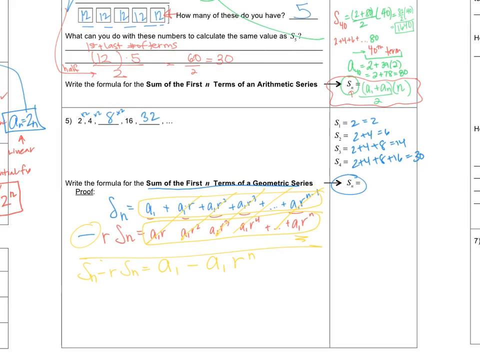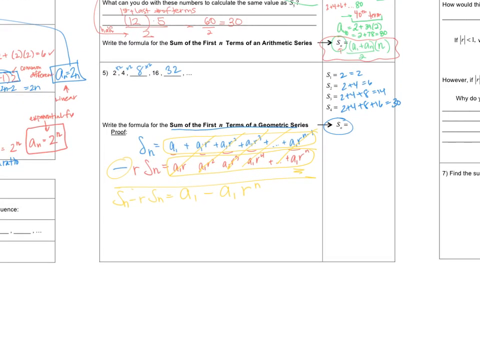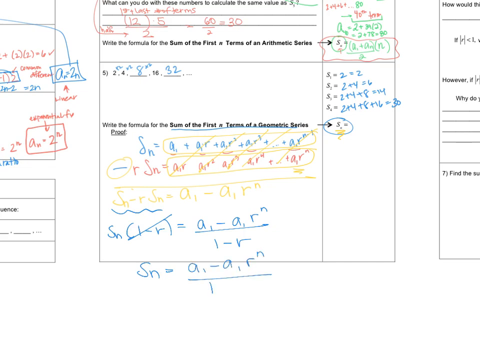Okay, that's great, but what does that mean? Well, I want to find a formula for Sn, and so over here on the left side, I have an Sn I could pull out. I'll have 1 minus r here equals a1 minus a1 r to the n. I could divide by 1 minus r. And so I could write that Sn is equal to a1 minus a1 r to the n over 1 minus r.